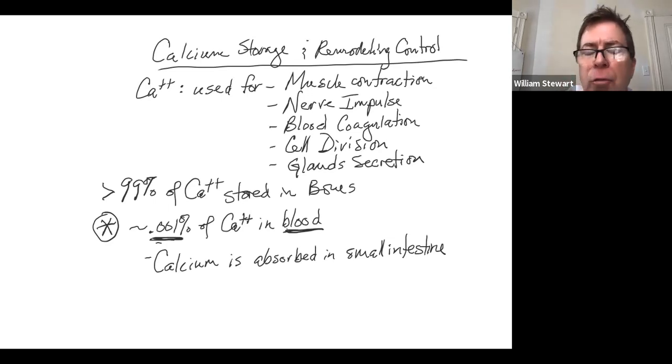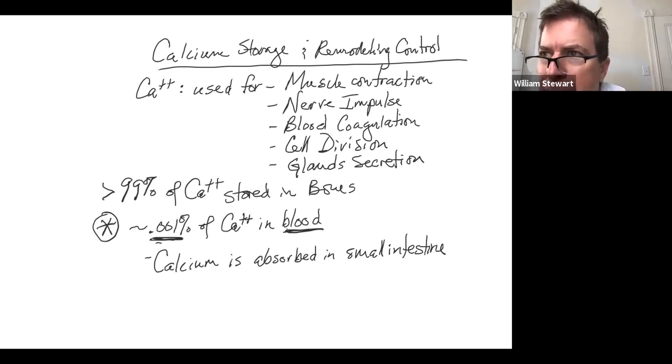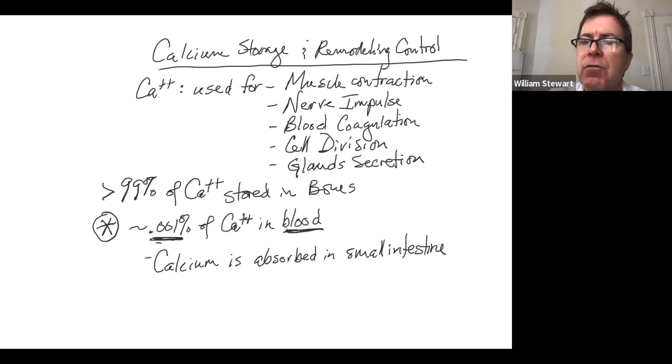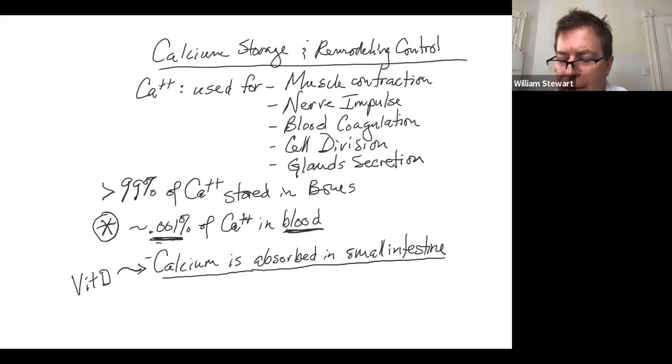And that's controlled by the metabolism of vitamin D. We went over vitamin D in the skin. Sunlight hits the skin, it makes a precursor to vitamin D, and then the kidney converts that to calcitriol. Well, that calcitriol regulates the absorption of calcium in the small intestine. So just think vitamin D regulates calcium absorption in the small intestine, okay?